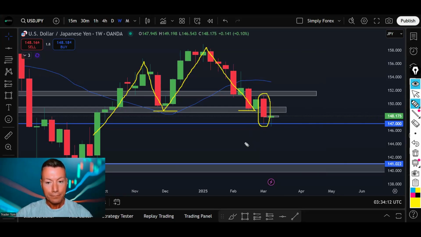We've also had this Japanese yen strength because the indices have been dropping off a cliff as well. So that fundamentally plays into this idea. So we have had a structure break on the weekly chart and we have a big bearish weekly candle.